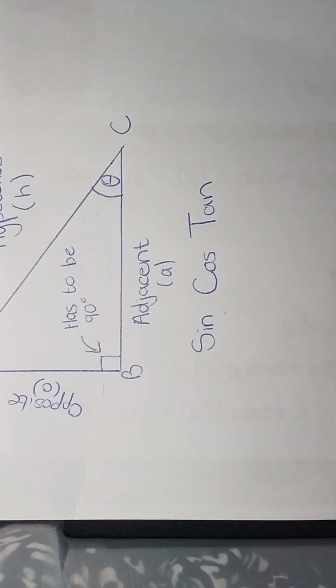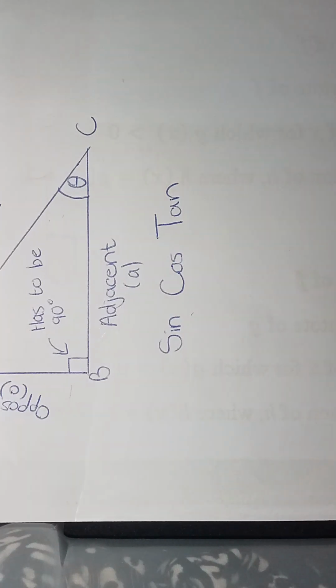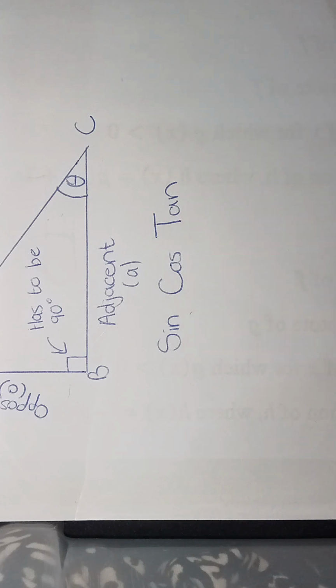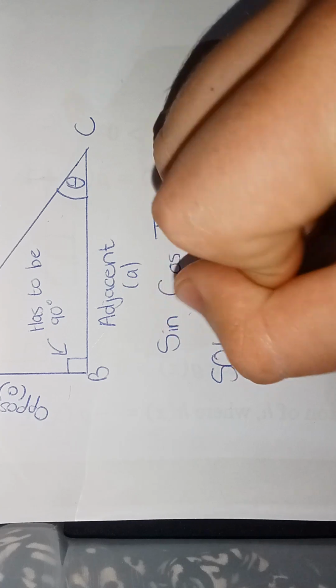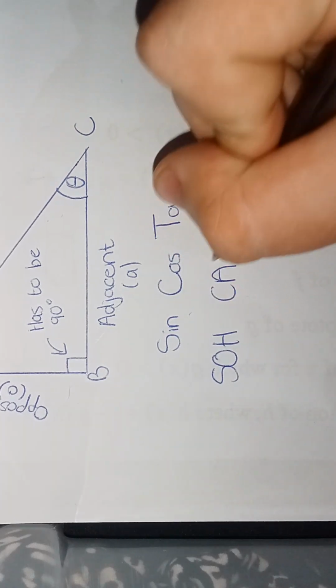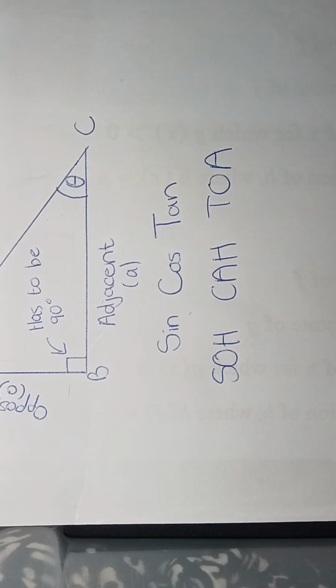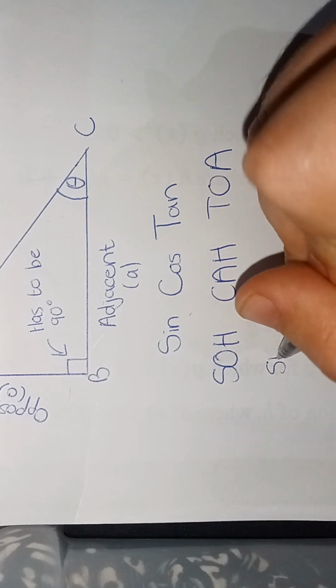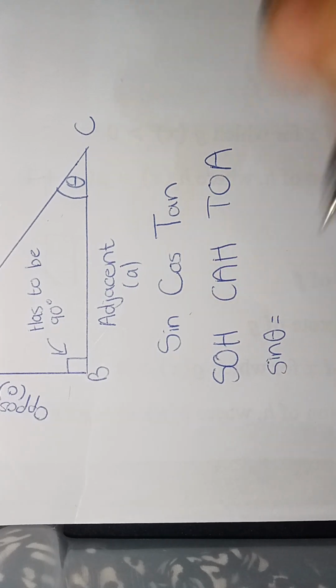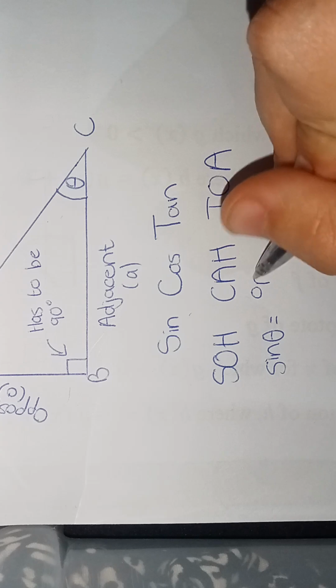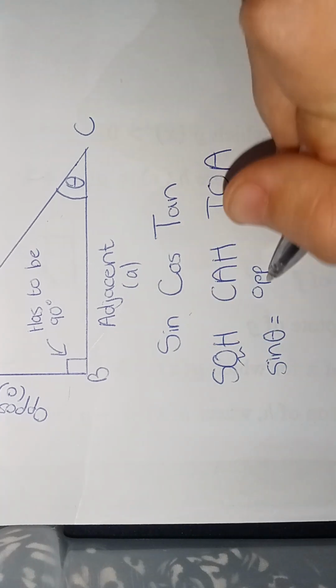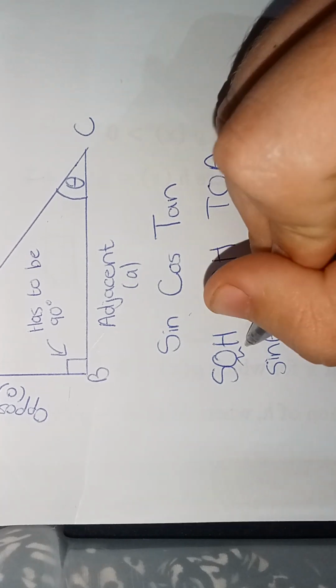Now, there is an easy way to remember all of this: SOH CAH TOA. So this means that sine theta is equal to the opposite over the hypotenuse.